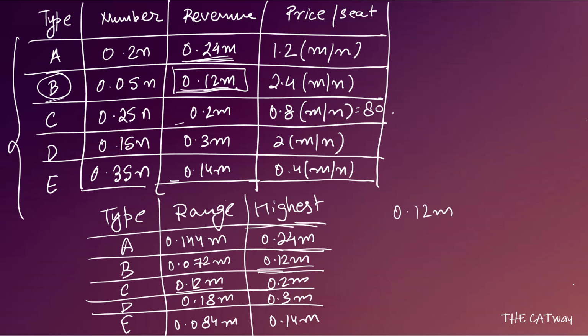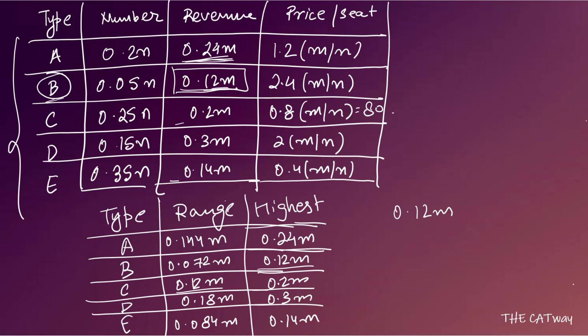Now you have to check if there is any other type which can take a 0.12 M revenue value. D starts at 0.18 M and goes up to 0.3 M. Is it possible for D to have a revenue of 0.12 M?